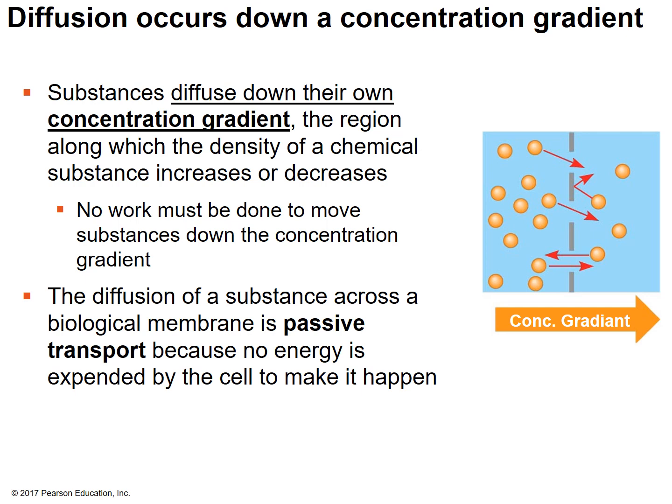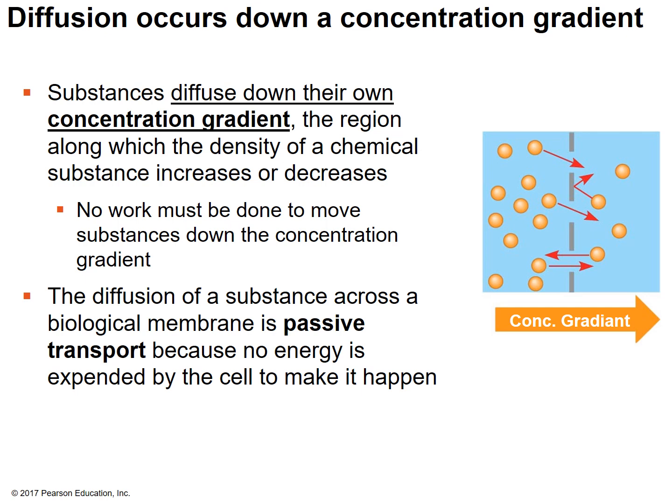I want to give a name, though, to the direction in which molecules tend to diffuse. We call this a concentration gradient, where the concentration gradient goes from more dense to less dense, and the fact that molecules, solutes, tend to move down the concentration gradient to areas of lower density.